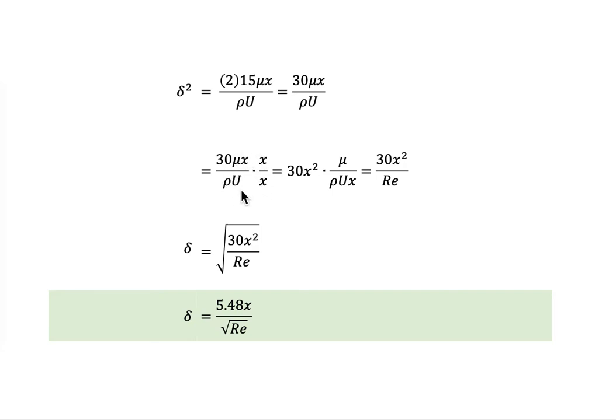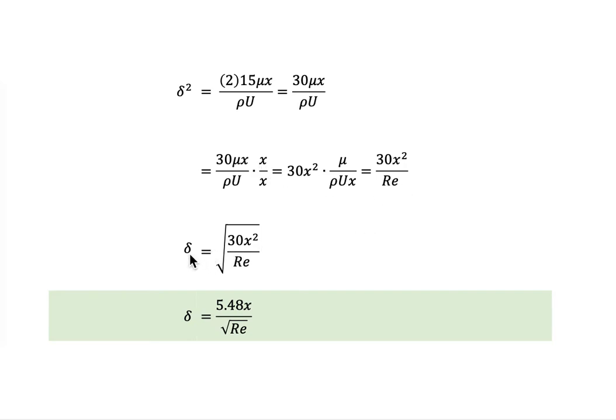So rho u x becomes rho u x, mu remains as mu, and 30x becomes 30x squared because we have another x in this portion.